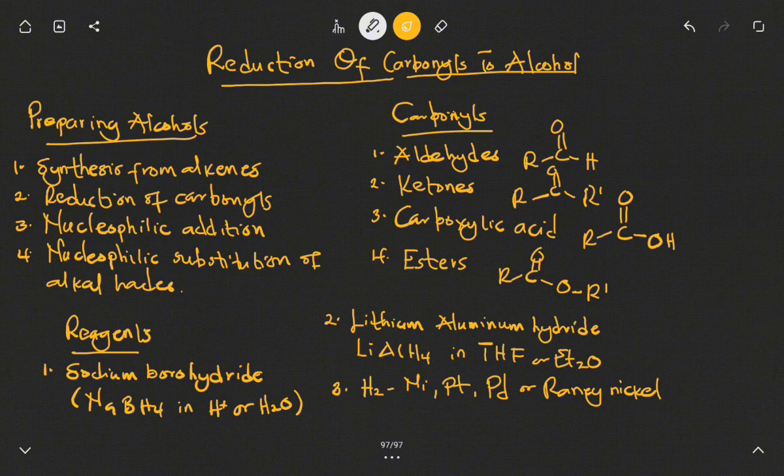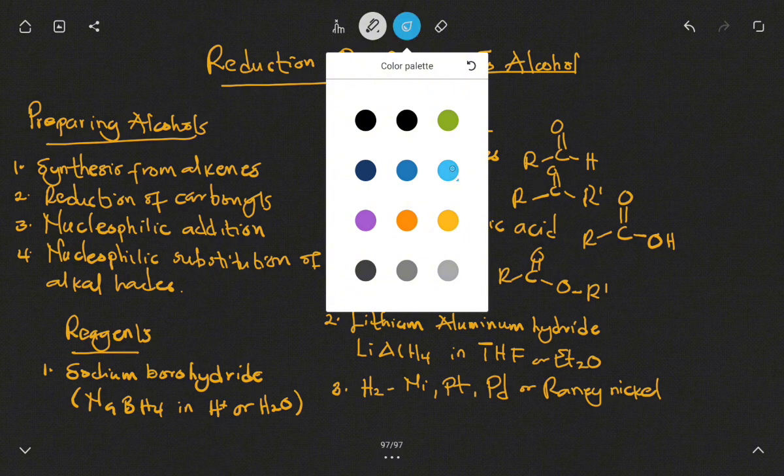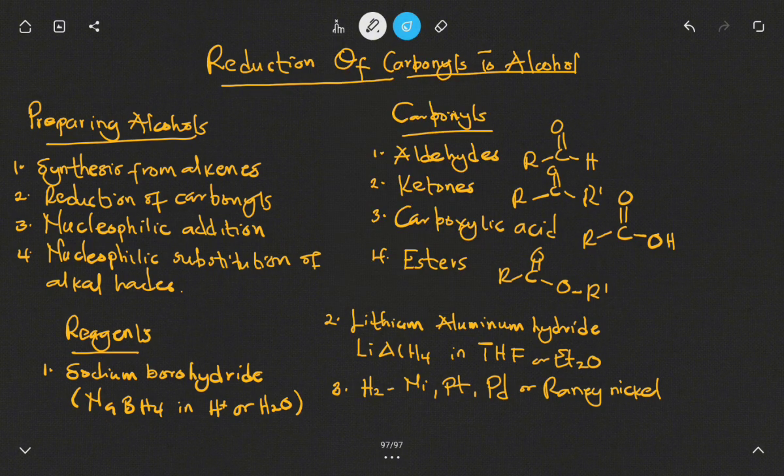Now, what you need to take note of is that sodium borohydride is a weaker reducing agent compared to lithium aluminium hydride. And so when it comes to the carbonyls that we can reduce using sodium borohydride, we have aldehydes and ketones.